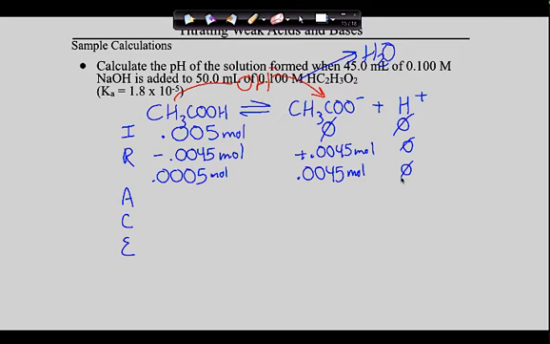Convert, divide by the volume, which is 95, so is that 0.095 liters? So 0.0005 over 0.095 makes this 0.00526 molar.